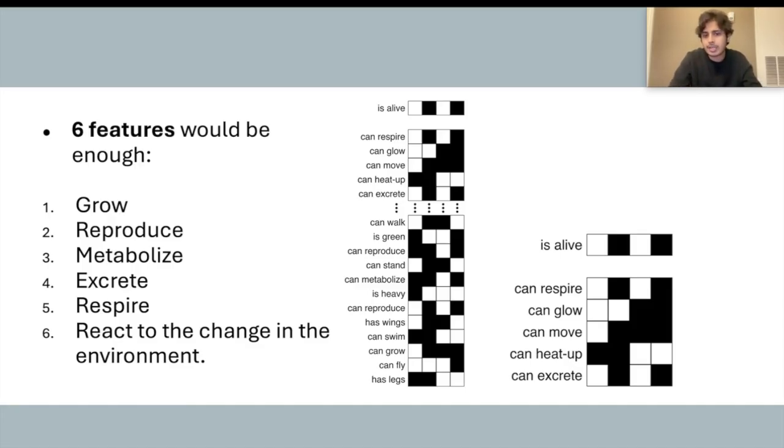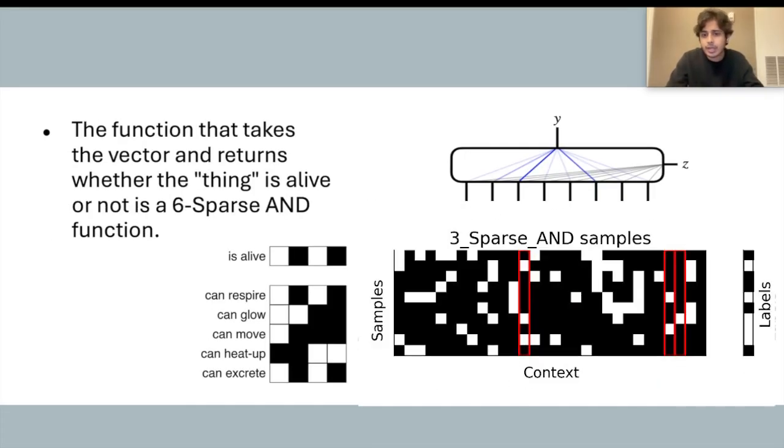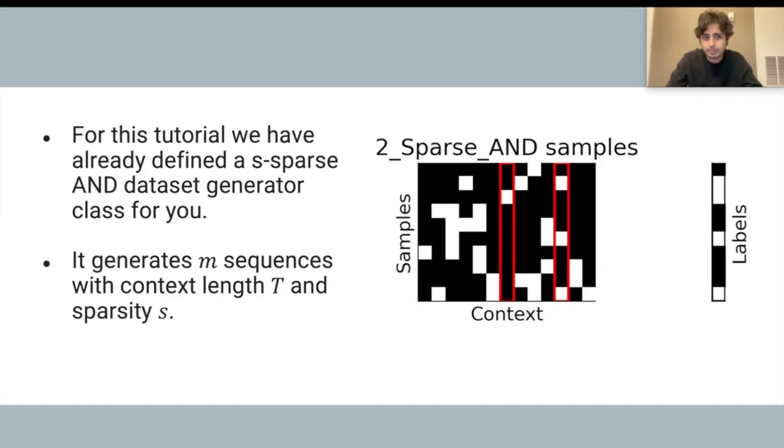So these are what these sparse functions are, where you may have a huge list of different attribute vectors, but there are only a couple of select sparse vectors that are really representative of the whole data set. And again, you can take that function and return whether the thing is alive or not using the self-attention module. And instead of a 6-sparse function, we're going to be talking about a 3-sparse function.